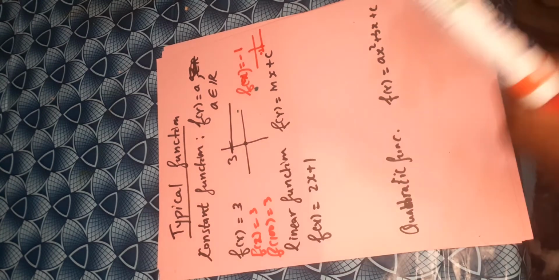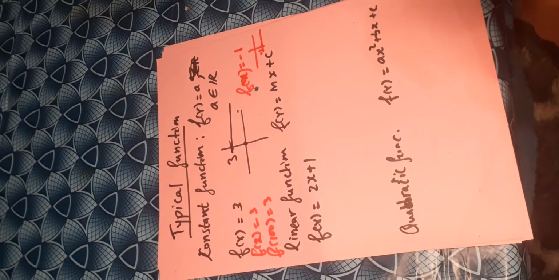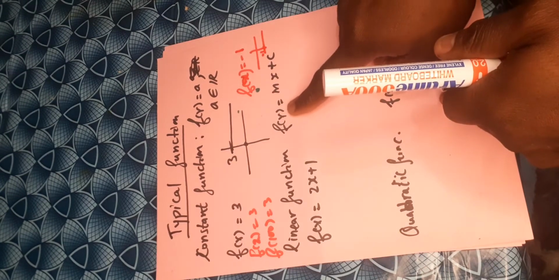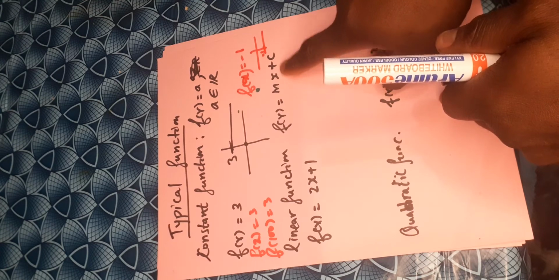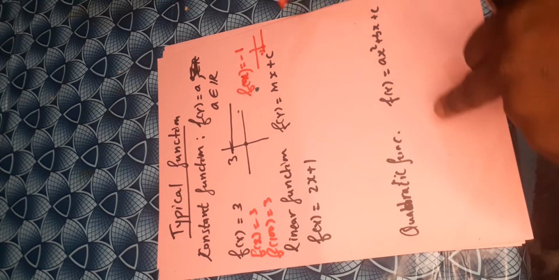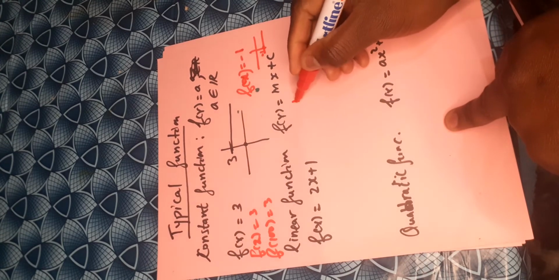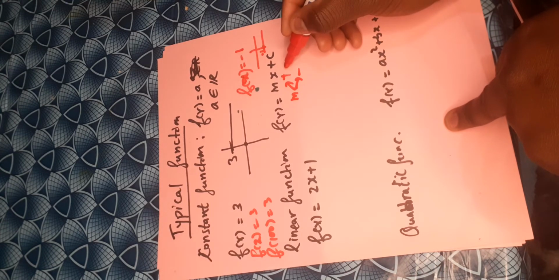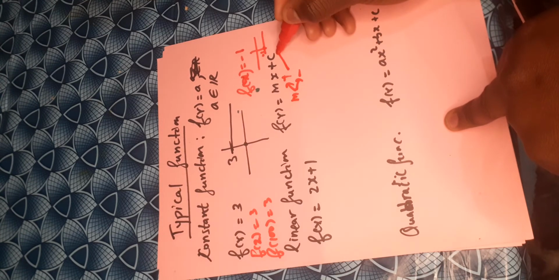Now the second type you'll find is the linear function, which is equal to mx plus c, and this graph depends on the value of m. If m is positive, your graph will look like this.